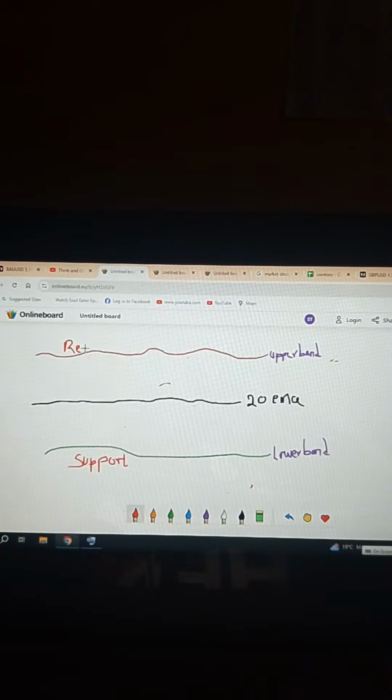Just simple like that. If you understand this, then you're going to become a profitable trader, like instantly. So now you understand that the upper band acts as a resistance and the lower band acts as a support.